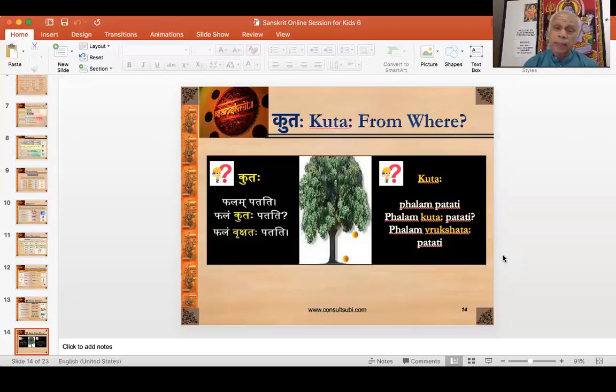Phalam vrikshataha patati. Vrikshataha means from the tree. Vriksha means tree, and you add taha to it, it is from the tree. The taha is added to the object so that you know from where it is falling.